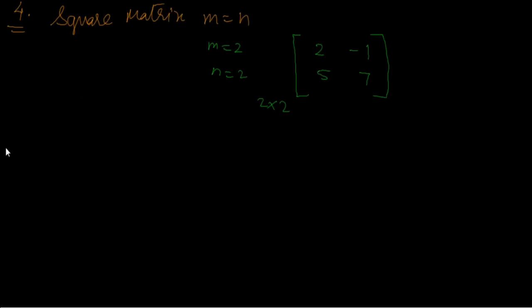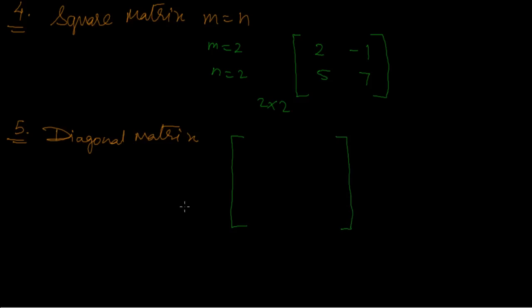Now we see the diagonal matrix. A diagonal matrix should be a square matrix. If it is a rectangular matrix, there won't be a diagonal matrix. So a diagonal matrix is a sub-type of a square matrix.